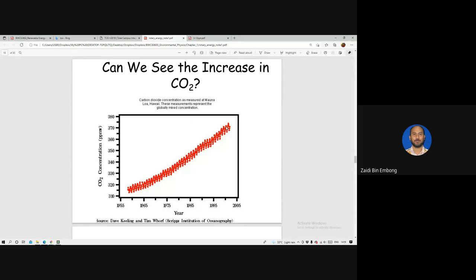But we can expect that until now, 2021, the concentration of CO2 may have increased. But to me, the graph should be like this. Up to 2019, the CO2 increased. Okay? It increased like this.